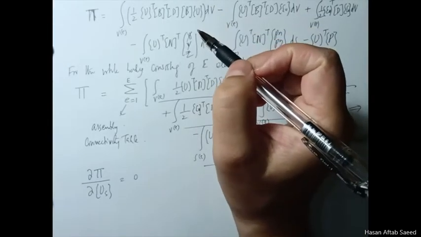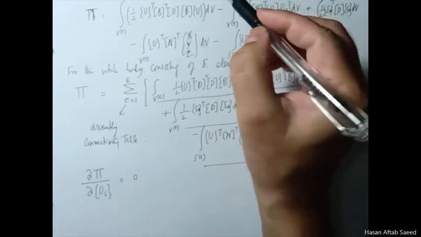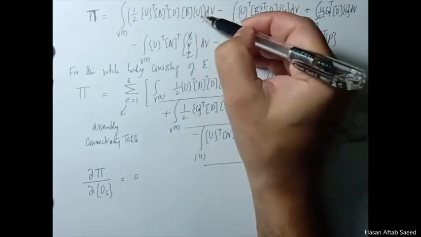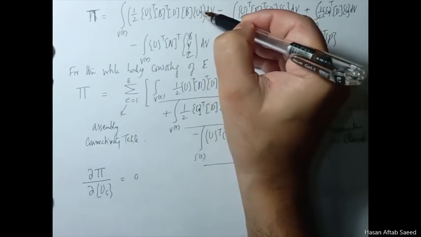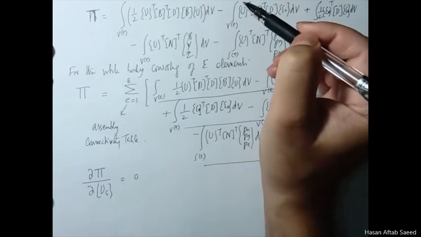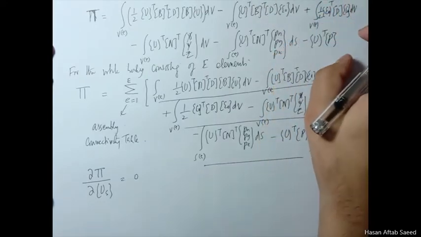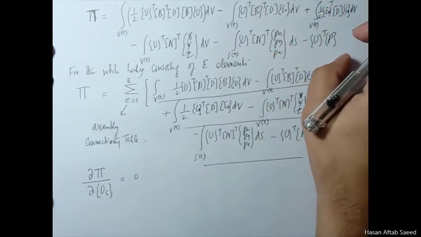You are familiar that this u transpose and this u basically means u square, and we have verified this in one of our previous lectures. They're just like an algebraic expression. For example, 2x square, and you differentiate it with respect to x, then it becomes 4x.